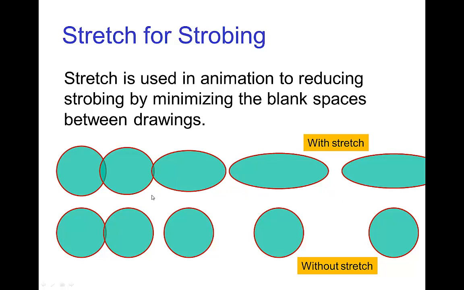So here we see an object that is slowing out towards screen right, and with stretch, we have much smaller blank spaces than we would have if we had the same slowing out without stretch.